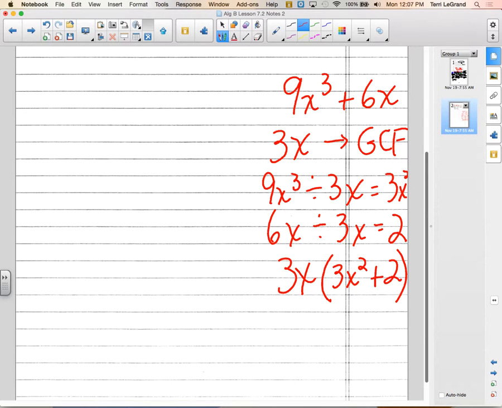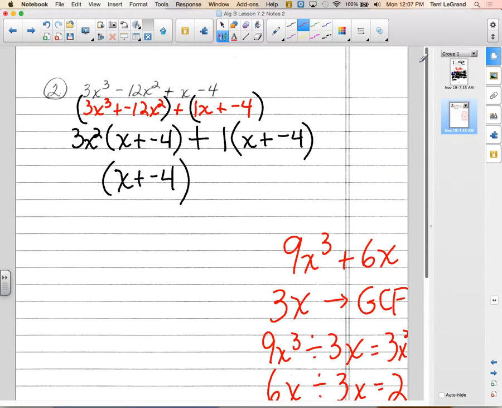Well, we're doing the same thing up here, you guys. This is a multiplication, and this is one term. We're going to take that term and divide it by x plus negative 4.